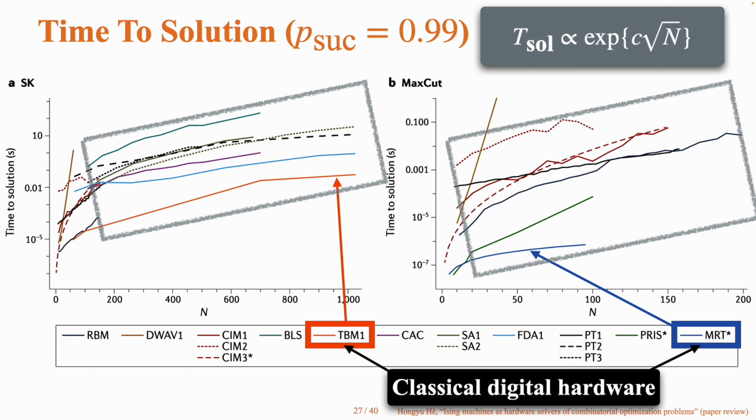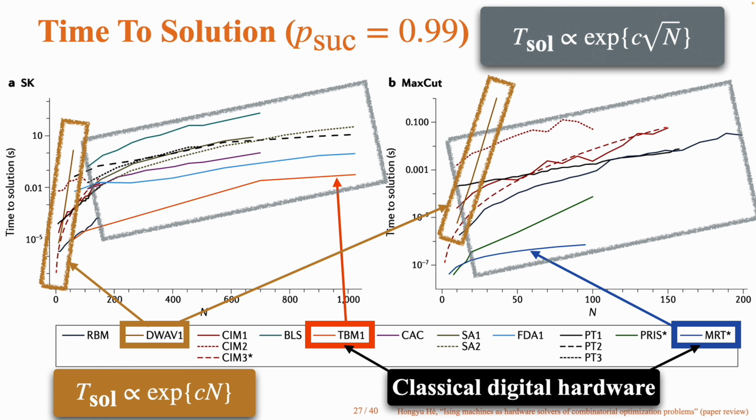And also, as Xian just pointed out, the parallelism here is defined by whether you can update all the spins at once. And as expected, the quantum solution performs still worse.